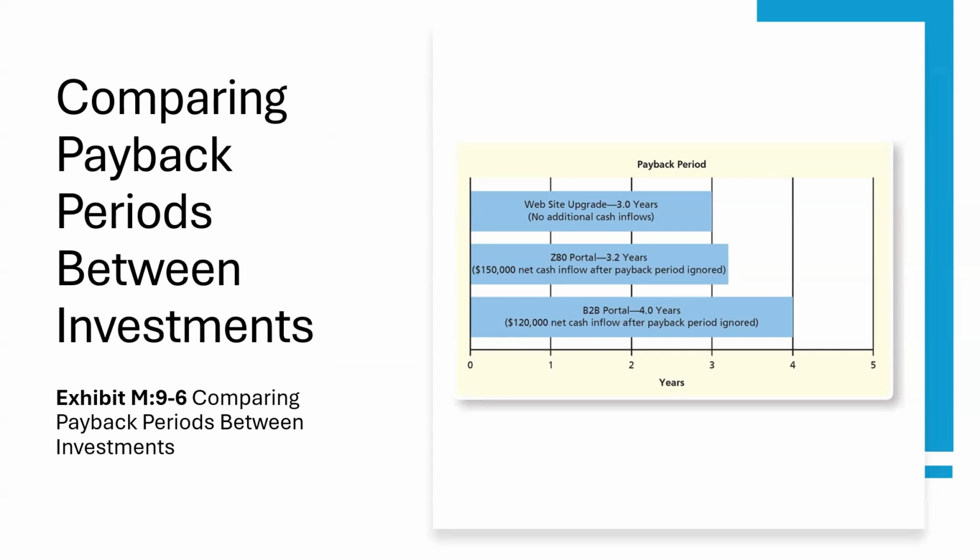So the key point here is that the investment with the shortest payback is best only if all other factors are the same. Therefore, managers usually use the payback method as a screening device to eliminate investments that will take too long to recoup the initial investment.